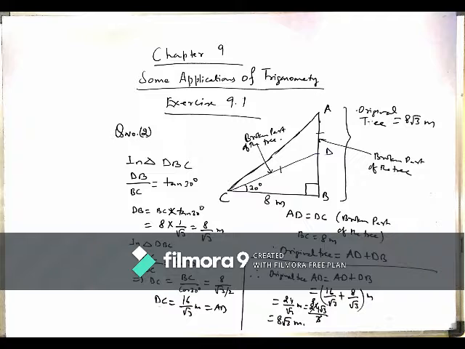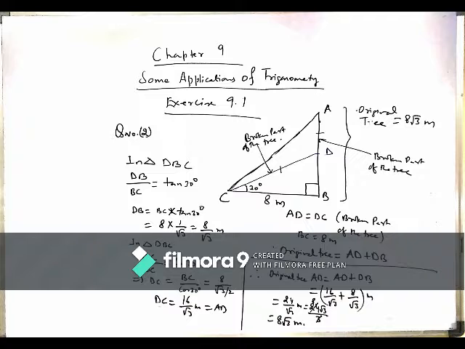Or we can find DC directly in that same triangle DBC. So what we are going for is BC by DC, which is giving us cos 30 degree, and cos 30 degree is equal to root 3 by 2.